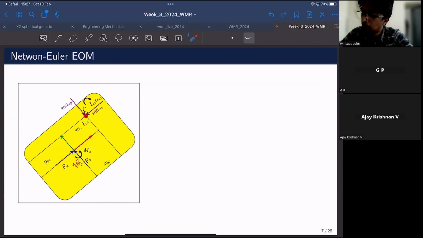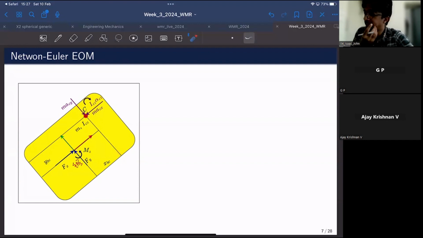If you take the components of all the accelerations acting at this point, these are accelerations along the x-axis and y-axis, and you also have a reactive moment contributed by alpha cs. Alpha cs is nothing but the rate of change of rotation, that is r naught.